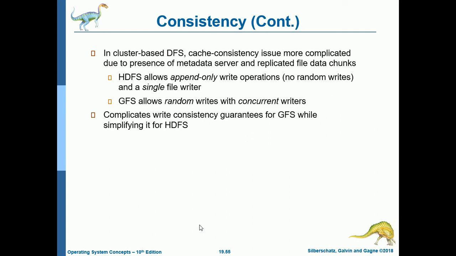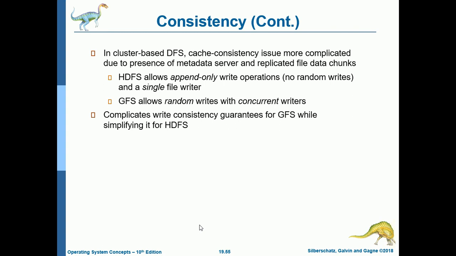So in a cluster-based DFS, cache consistency issues are more complicated due to the presence of a metadata server and replicated file data chunks. The Hadoop DFS allows append-only write operations. There are no random writes and a single file writer. Google FS allows random writes but with concurrent writers.